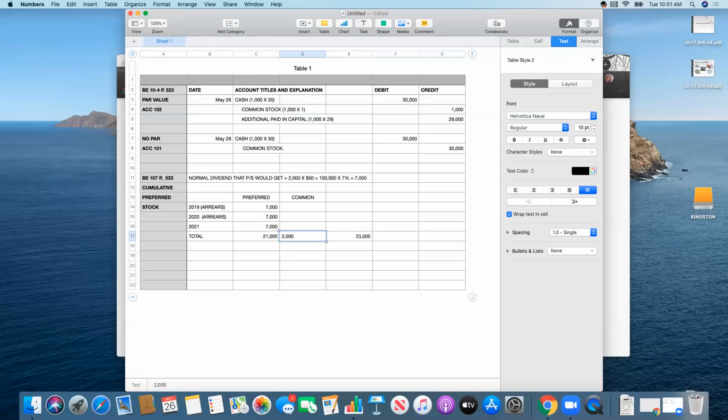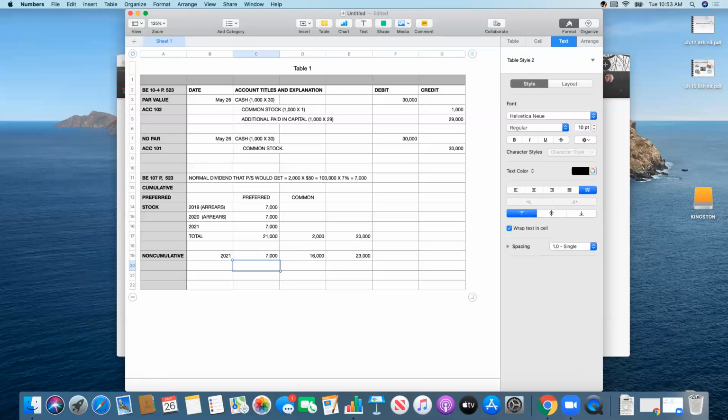Now, if it wasn't cumulative, what if it was non-cumulative? Well, we wouldn't worry about the things that happened in the past. They would have gotten 7. So how much is left over? 16 to the common.